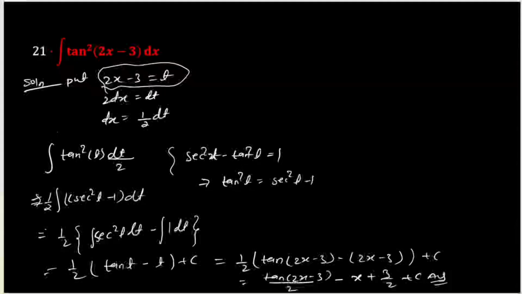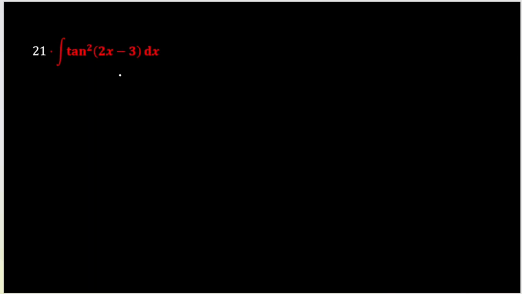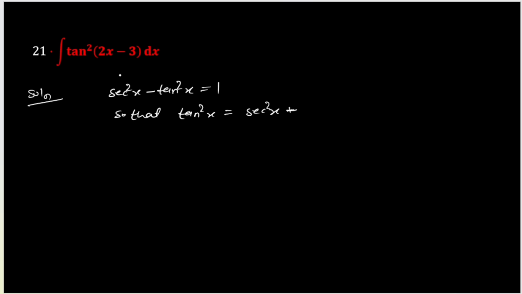Next problem is number 12. Next problem is: first we change tan in terms of sec, because we know sec^2 x - tan^2 x = 1, so that tan^2 x = sec^2 x - 1.